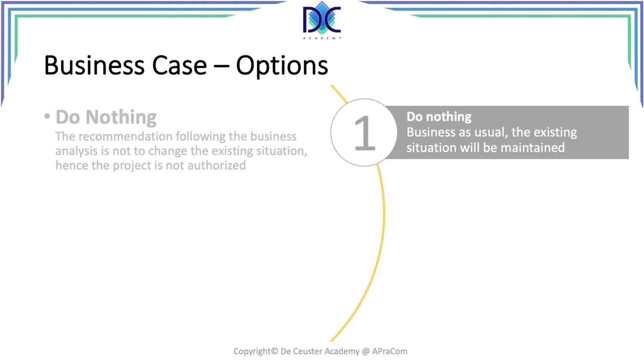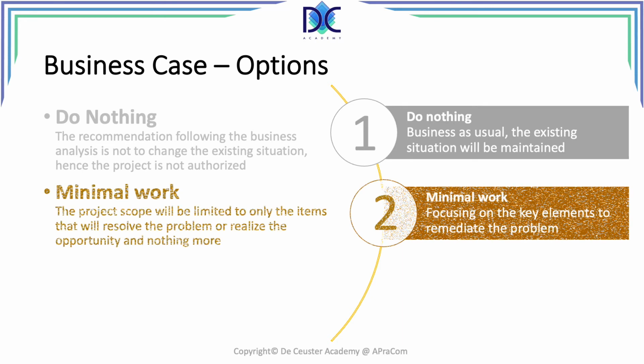In that case, we did not change the ongoing operations because the other options were not better than the existing one. Minimal work: we look at the key elements only, just to resolve the problem or to realize the opportunity, but nothing more.